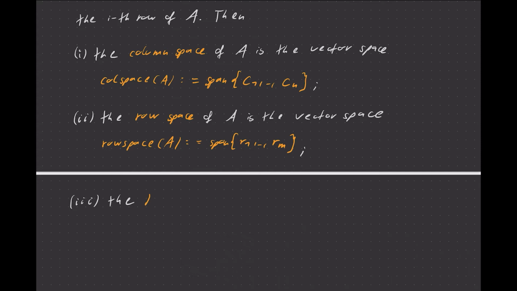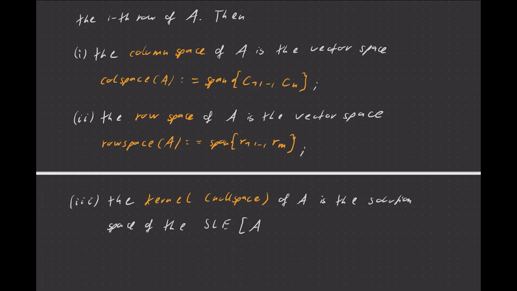The kernel or null space of A is the solution space of the system of linear equations denoted by the coefficient matrix A and the right-hand side 0.